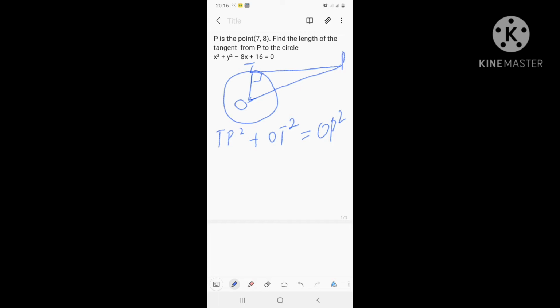That is a long process, a long way to go. So here is the easiest way.